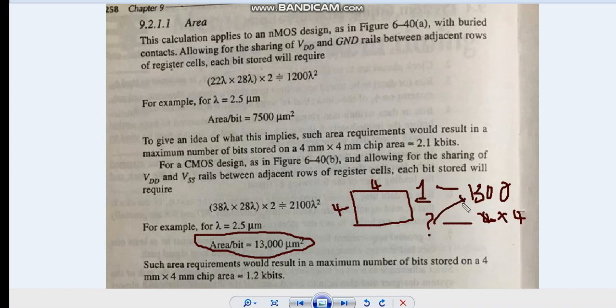Cross multiply and you will get a value. For 1 bit this much area is taken, for this much area how many bits, that is the calculation they have made. You can calculate and see it is approximately around 1.2 kilobits. So in the 4x4 millimeter chip it is storing 1.2 kilobits. This is the calculation of the area for NMOS and CMOS, that too for a dynamic shift register.